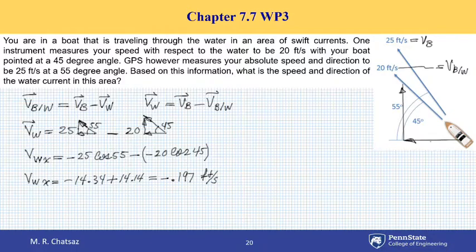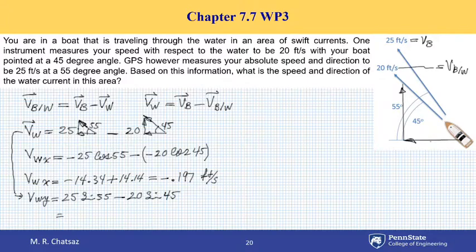I can do the same thing in y direction, and let's take vertical components for the y component of velocity. Observe that both vertical components are up, so I have 25 sine 55. The formula is minus the second component, which is up, so I simply write 20 sine 45.